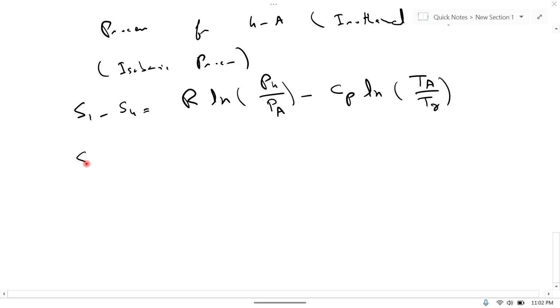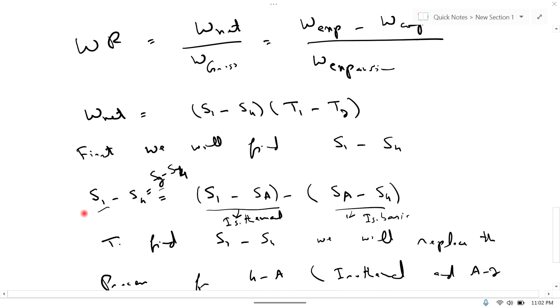Now for S1 minus S4, here the value of R is 0.287 kilojoule per kilogram per Kelvin, times natural log of P4 divided by Pa. P4 is maximum pressure, already explained, which is 62.4 bar, and Pa is the minimum pressure P2.